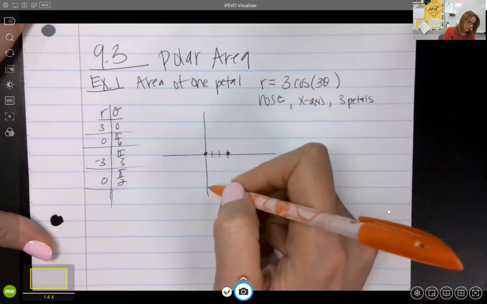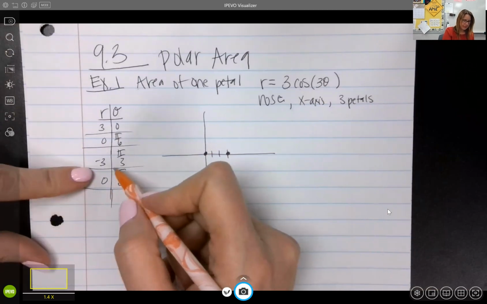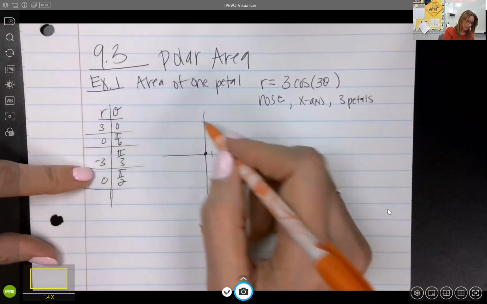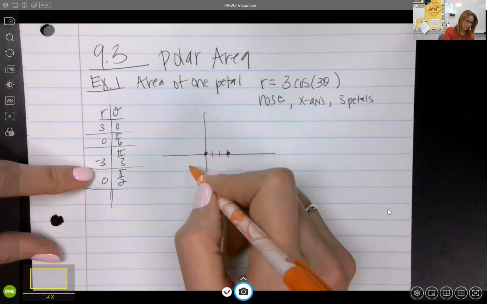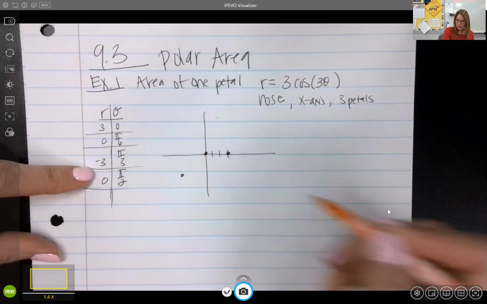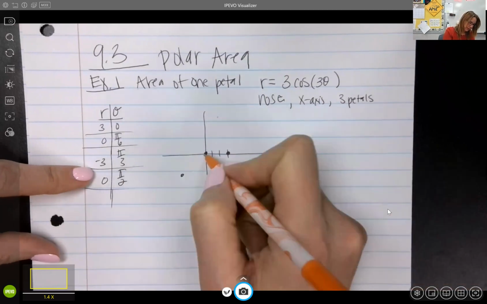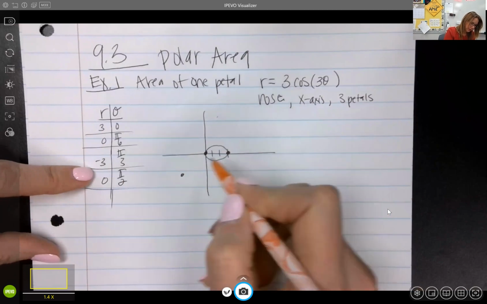Okay, and then this is pi/3, but it is a -3, so pi/3 is up here, but since it's -3, I would go 1, 2, 3 this direction. Okay, so our next one is going to be right here and then back. So I've drawn this one and then we draw this one.